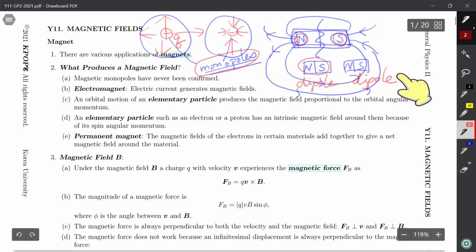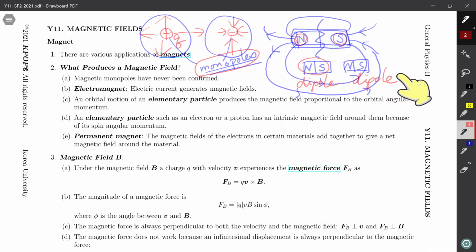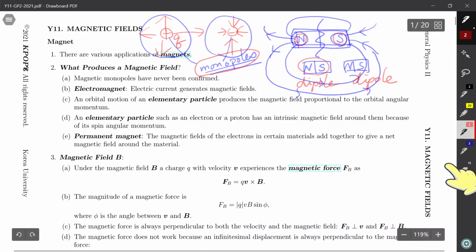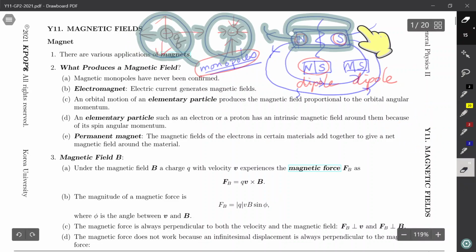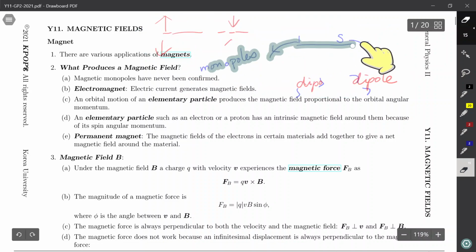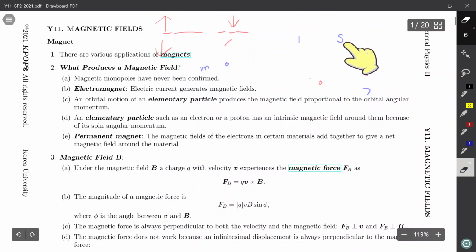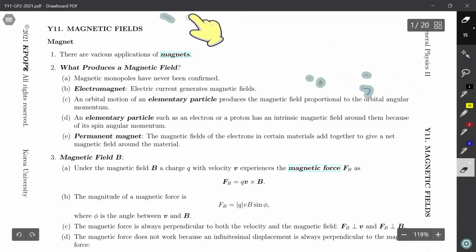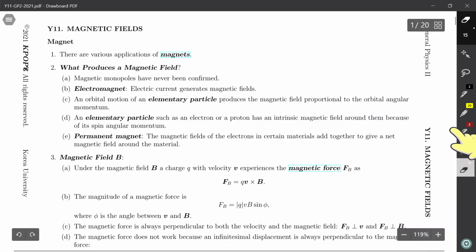That's the biggest difference between the electric field and magnetic field. Magnetic monopoles have never been confirmed.